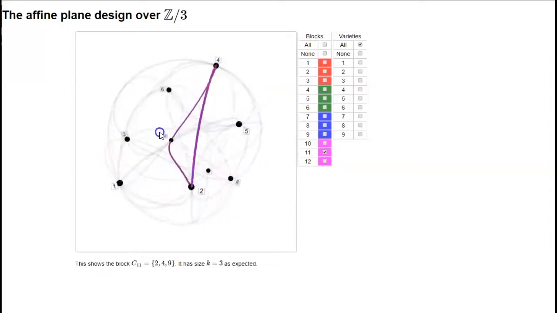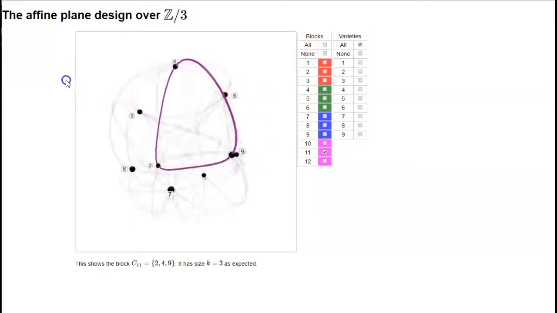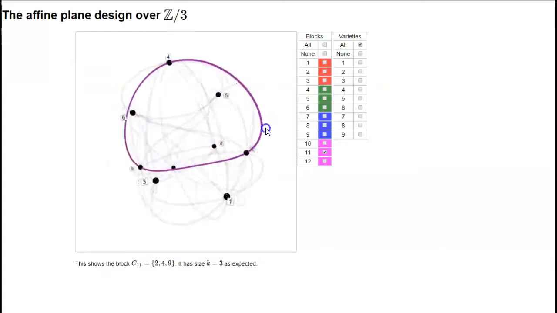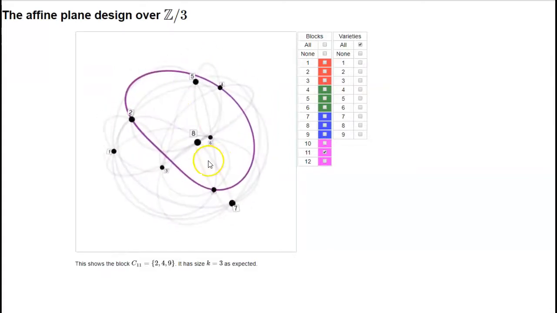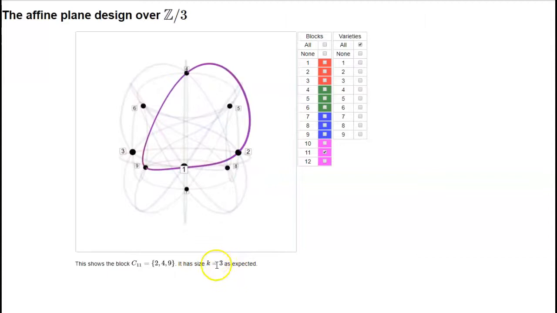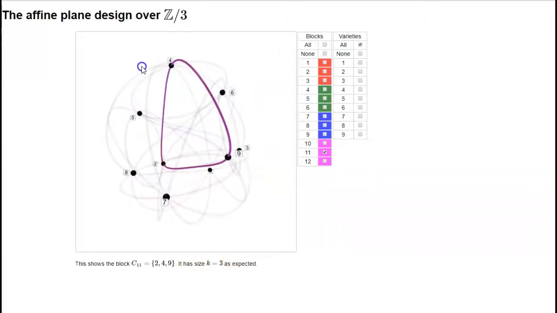So here we've got block number 11 consisting of varieties 2, 4, and 9. The parameter k for a block design is the size of each block. We said that k was equal to 3, and in fact every block has size 3.